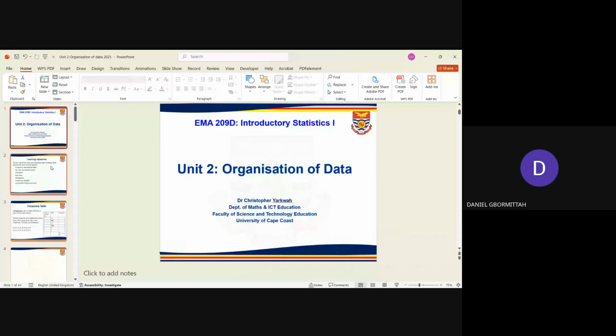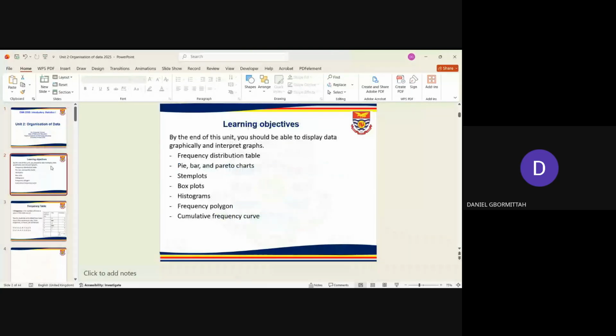I hope we all agree that when we collect data, we need to organize them in a way that will make the data more presentable. So what are some of the tools that we can use to organize our data? We can organize our data using frequency distribution tables. We can also use pie, bar, and Pareto charts.